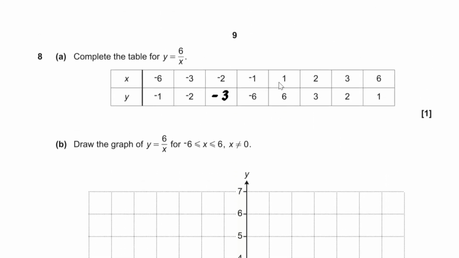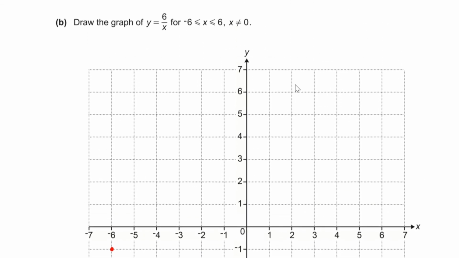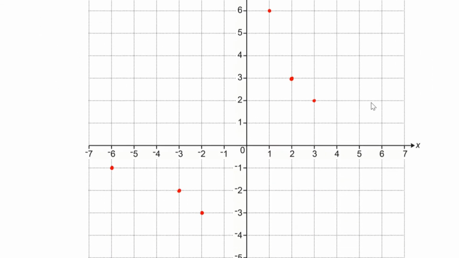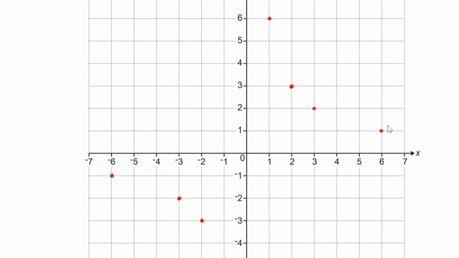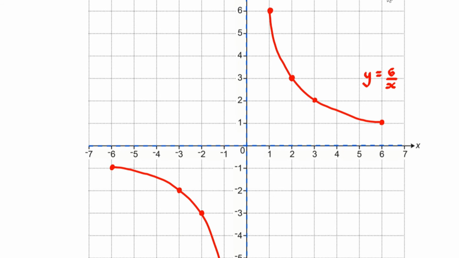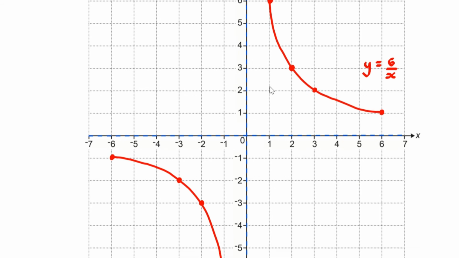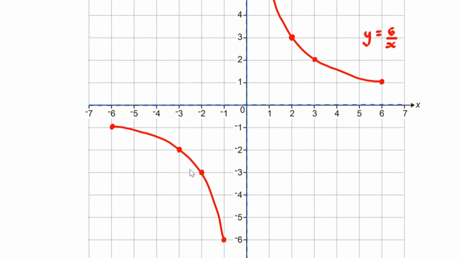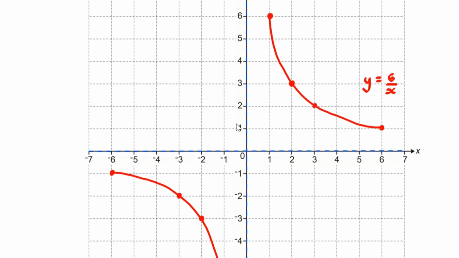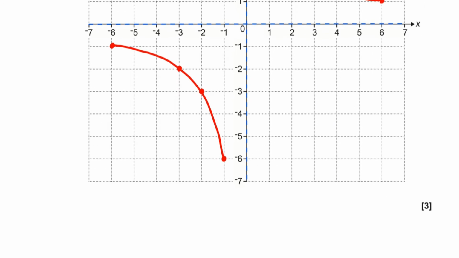We then have 1, 6, 2, 3, 3, 2, and then 6, 1. We now join these up with a smooth curve. So here is the graph of y equals 6 over x. We've got asymptotes at y equals 0 and x equals 0.